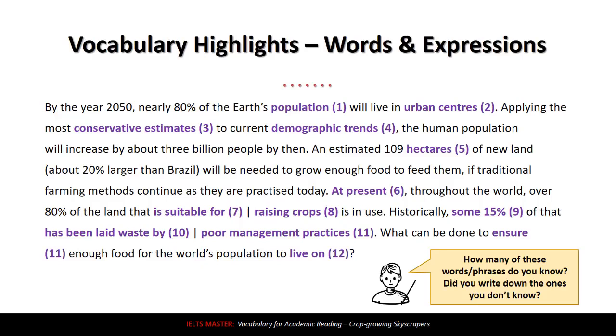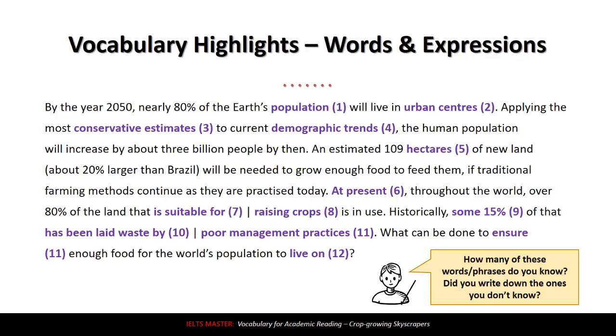Poor management practices, these words that go together. Poor practices can go together. And what kind of poor practices? Poor management practices. Practice in this case isn't like practicing a sport. Practice here and for practices is kind of what you do. So they have bad ways of doing management. And number 11, to ensure.